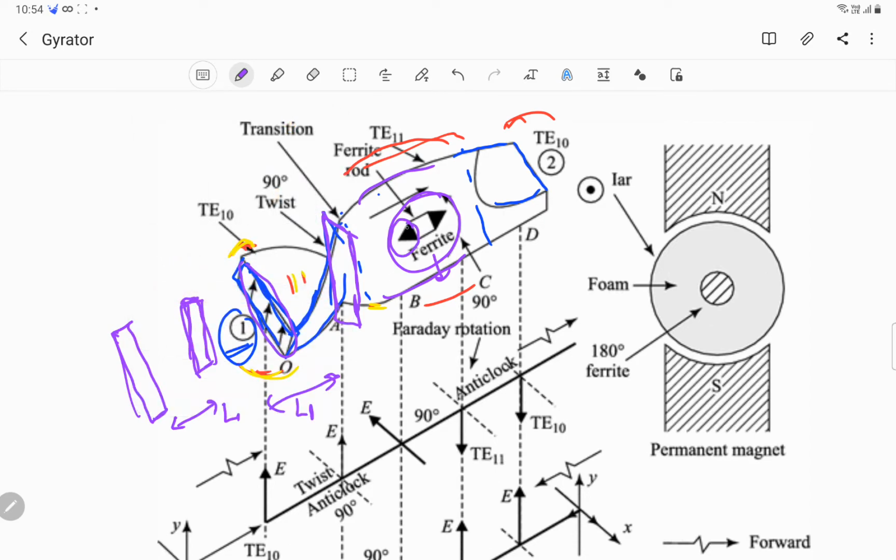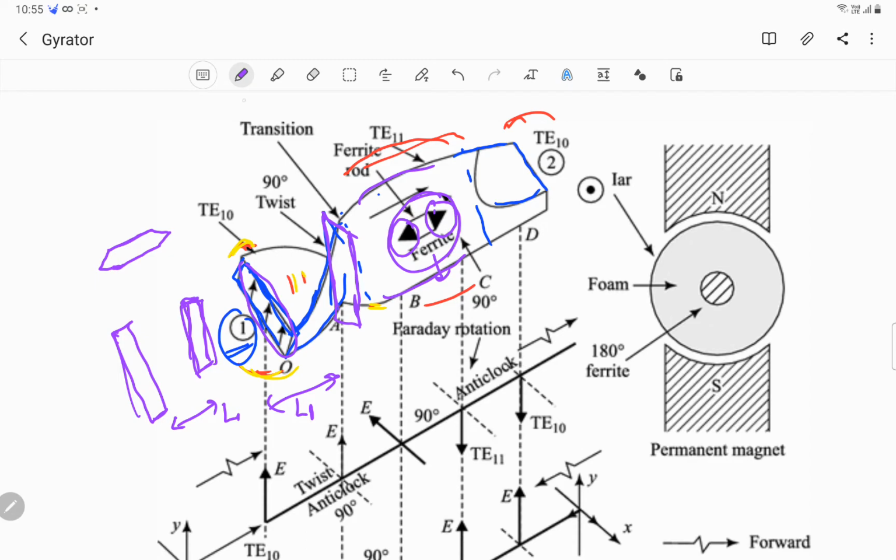This is where the ferrite rod is tapered so as to avoid reflections from this ferrite rod. So this ferrite rod is basically a circular rod tapered at the ends so as to avoid attenuation and reflections from the sharp edges.